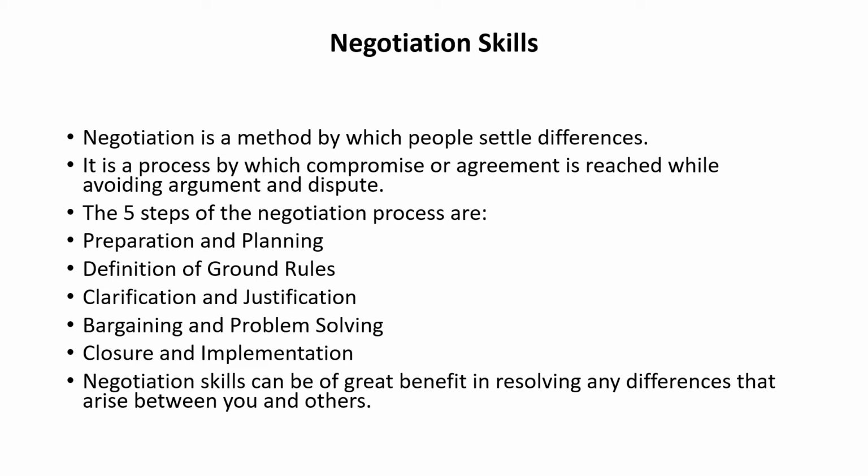The 5 steps of negotiation process are preparation and planning, definition of ground rules, clarification and justification, bargaining and problem solving, closure and implementation. Negotiation skills can be of great benefit in resolving any differences that arise between you and others.